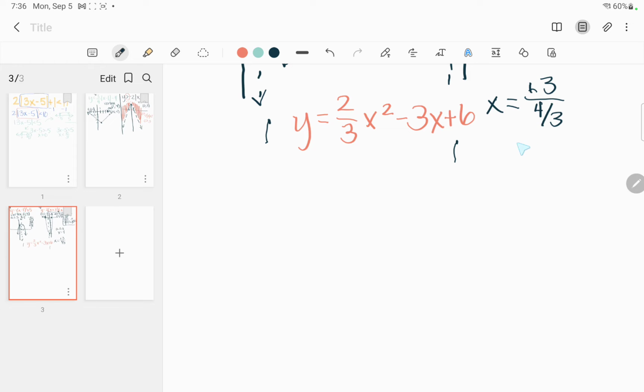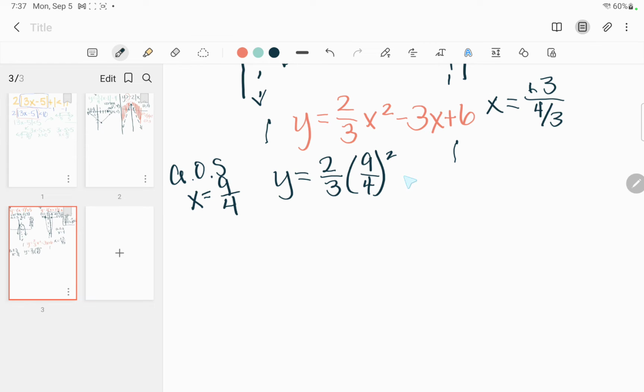So right away, my axis of symmetry is at x equals 9/4. So I can go ahead and determine the y coordinate of my vertex by substituting in that 9/4 for x. So I'm just going to do a little bit of work right now. Y, or f of x, is equal to 2/3 times 9/4 squared minus 3 times 9/4 plus 6.